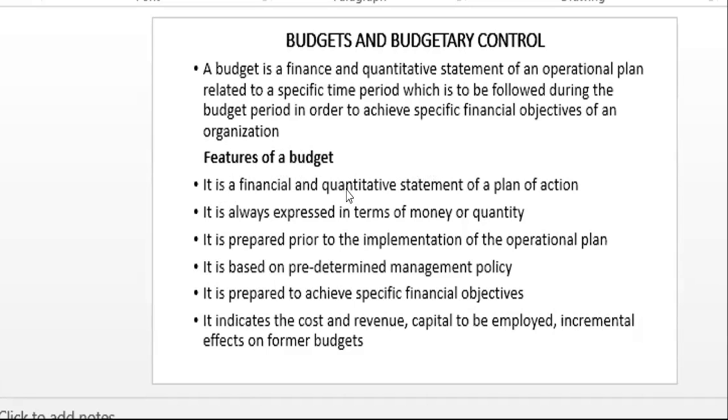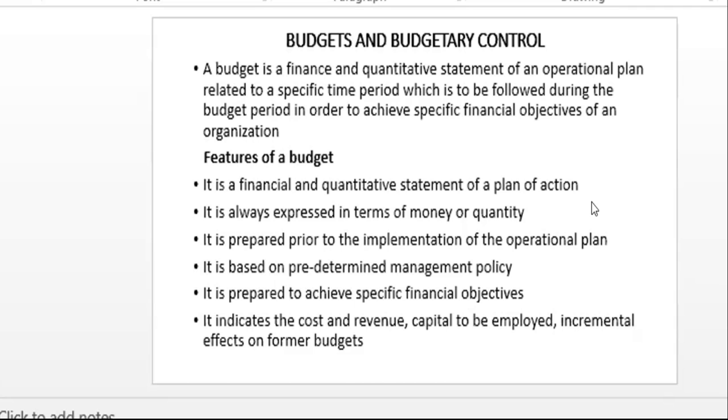So, features of a budget: one, it is a financial and quantitative statement of a plan of action. So you must have an objective as you prepare your budget. What do you want to achieve? All right. So a budget will always have a plan of action. This is what we want to do, this is how we budget for it, and this is how we want to achieve it. It is always expressed in terms of money or quantity.